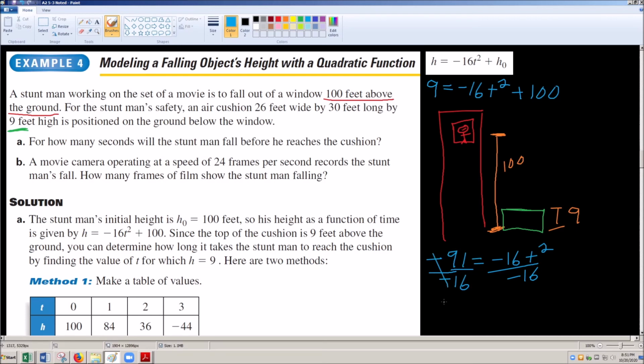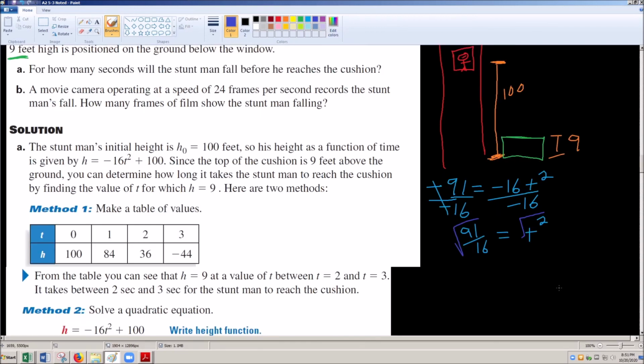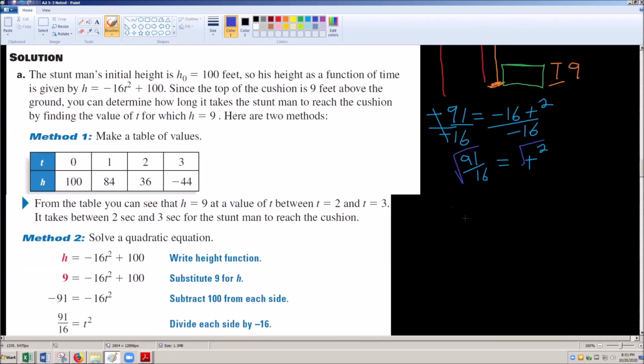My negatives are going to cancel off though, and now I get 91 over 16 equals t squared. My last move here is to take the square root. So my answer now is going to be that t equals the square root of 91 over 16.